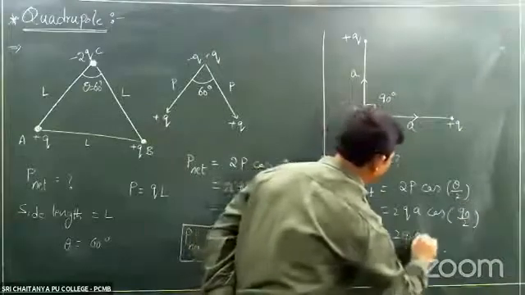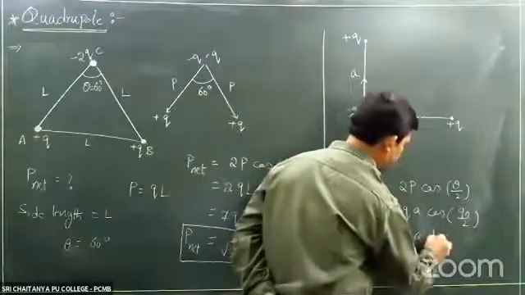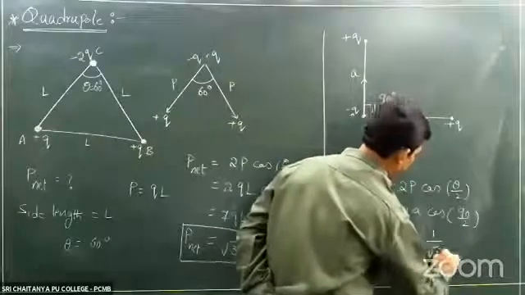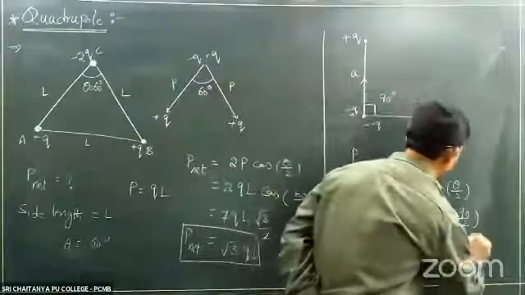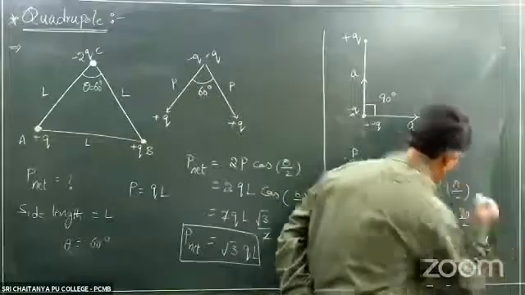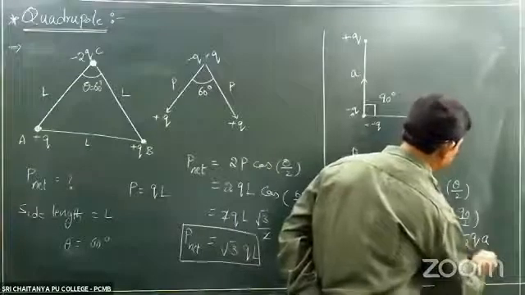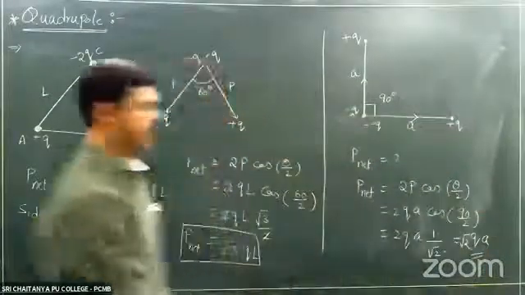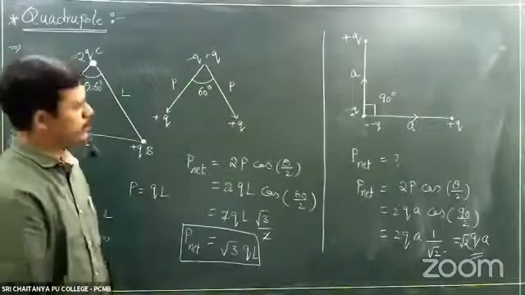So 2qa cos 45. Cos 45 is 1 by root 2. So what is the answer now? Root 2 into qa. That is the answer.